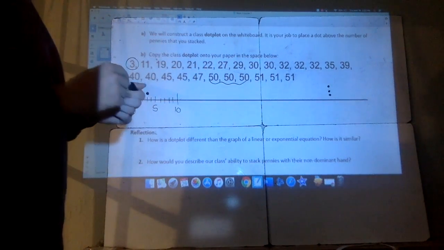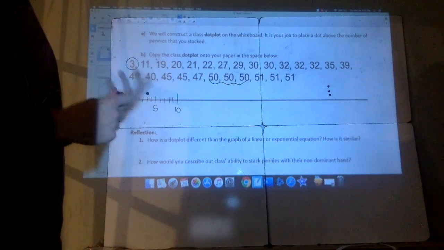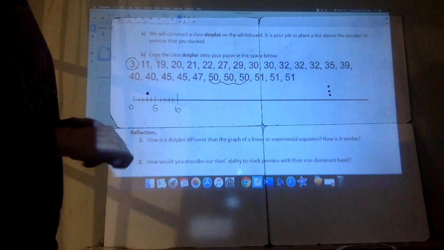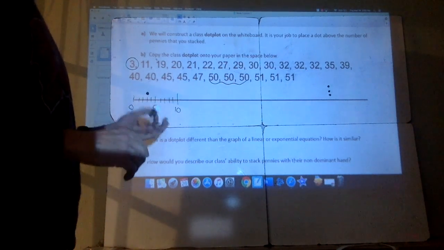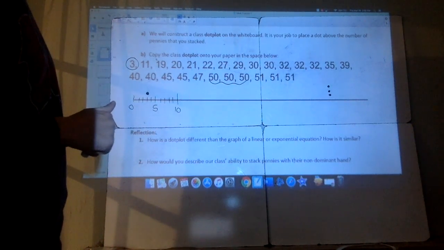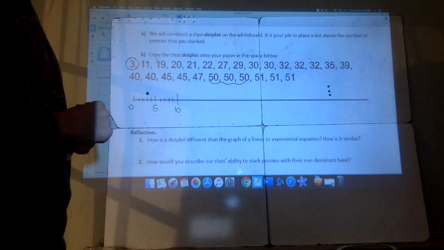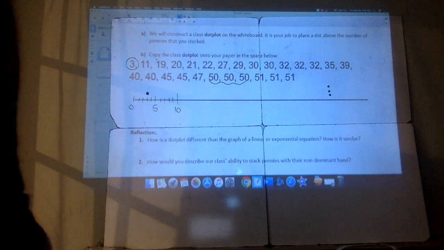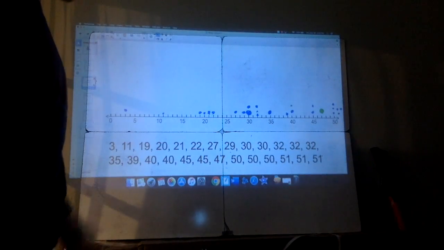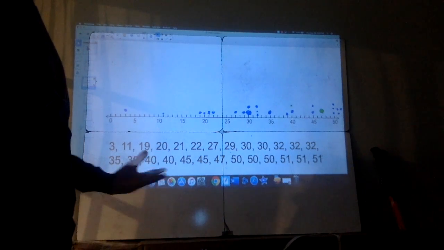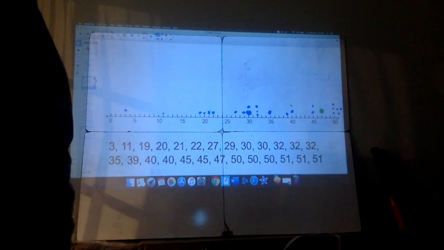So each dot represents one person that stacked that many pennies. So pause the video, take some time, and create that dot plot. Once you have your dot plot created, unpause it. So your dot plot at the end should look something like this, similar to this, with your data added in.